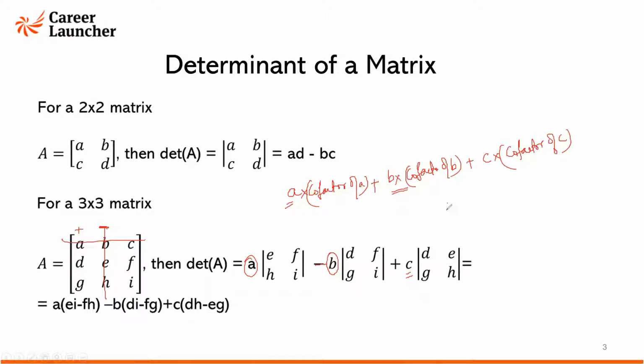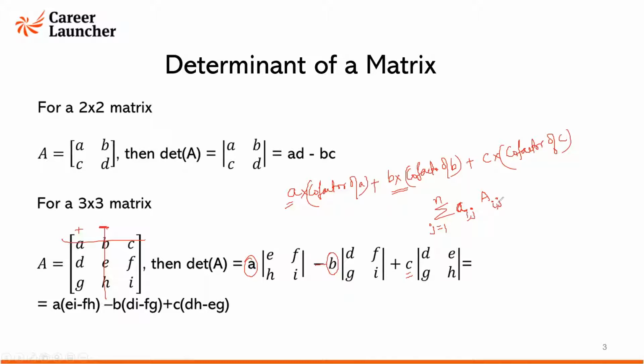So it is the summation over J, where J goes from 1 to N, of the element a(I, J) times the cofactor, which is identified by capital A(I, J).